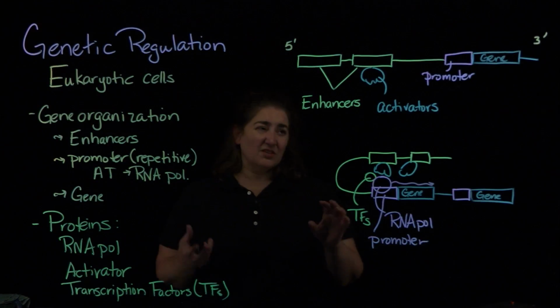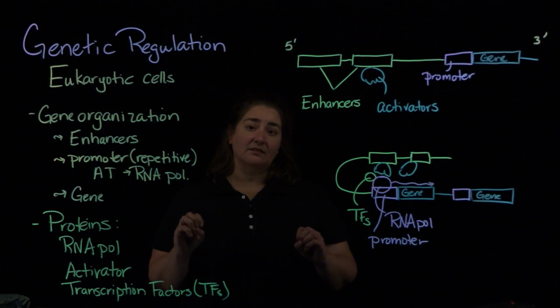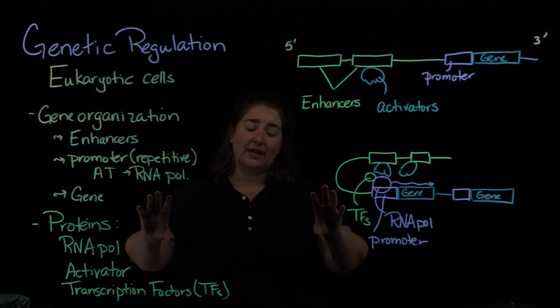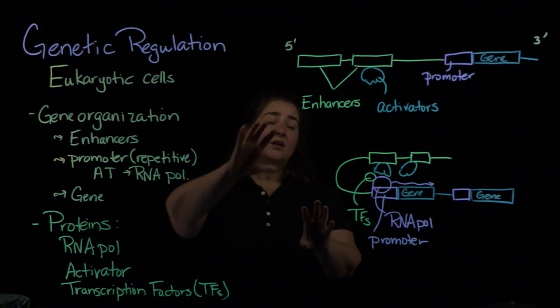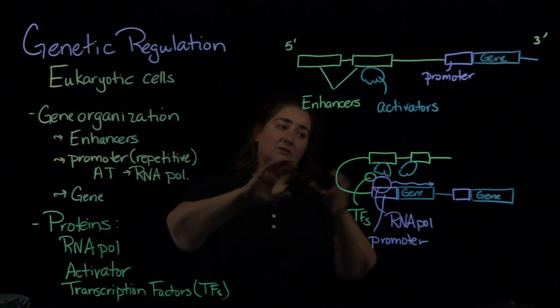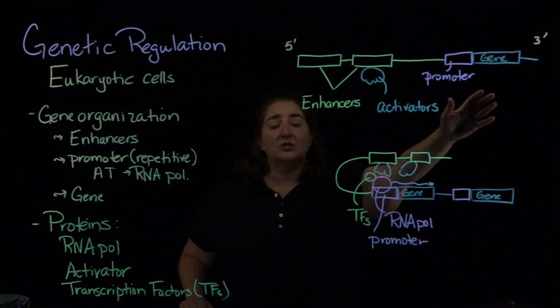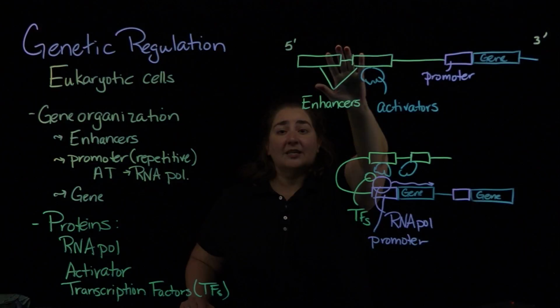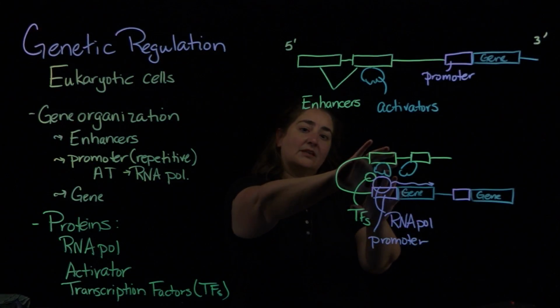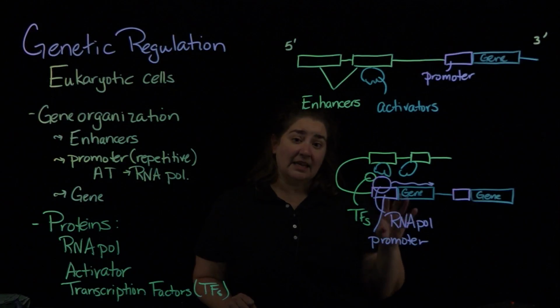Okay? So the key thing I want you to know here with transcription in eukaryotic cells, unlike prokaryotic cells, everything happened, I drew it out linear. Eukaryotic cells, there's a lot of DNA bending that ends up happening. So you've got regions that are far away from the gene, but those enhancers are going to help get that process of transcription started and maintained within our eukaryotic cells.